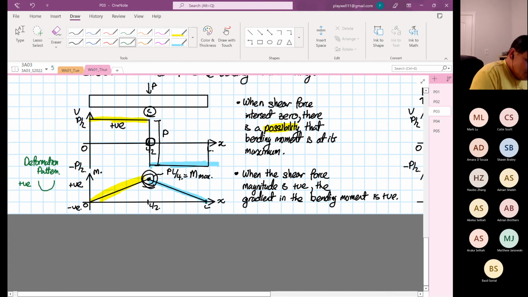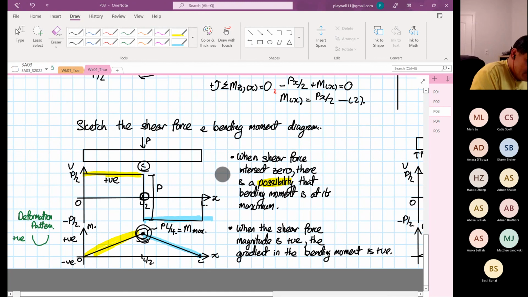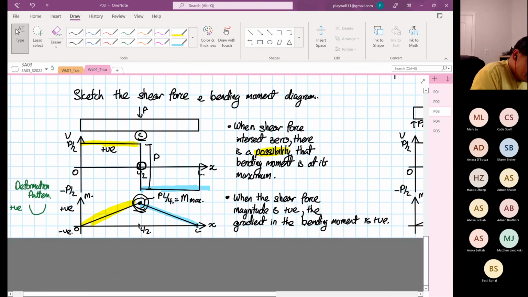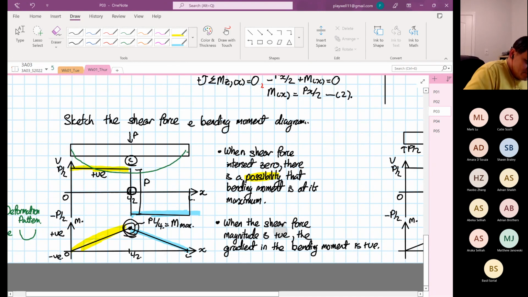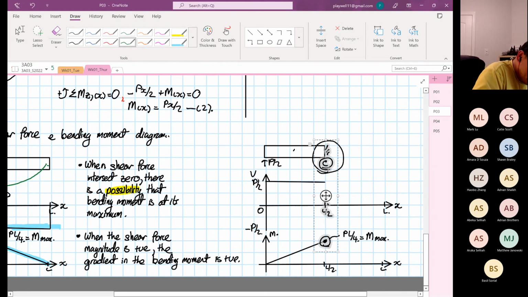That is why in this problem I only focus on drawing the bending moment in the positive domain, because if you look at how the structure will deform, it will deform this way. In the cantilever beam, the structure will deform this way, a smiling face.